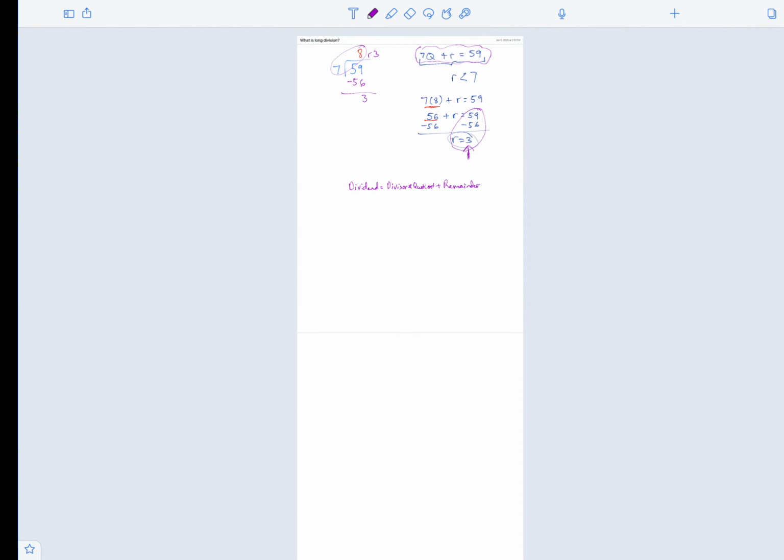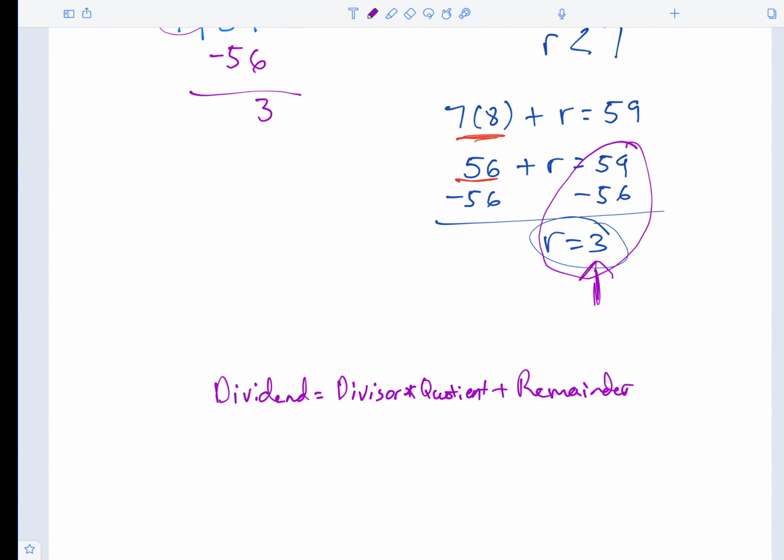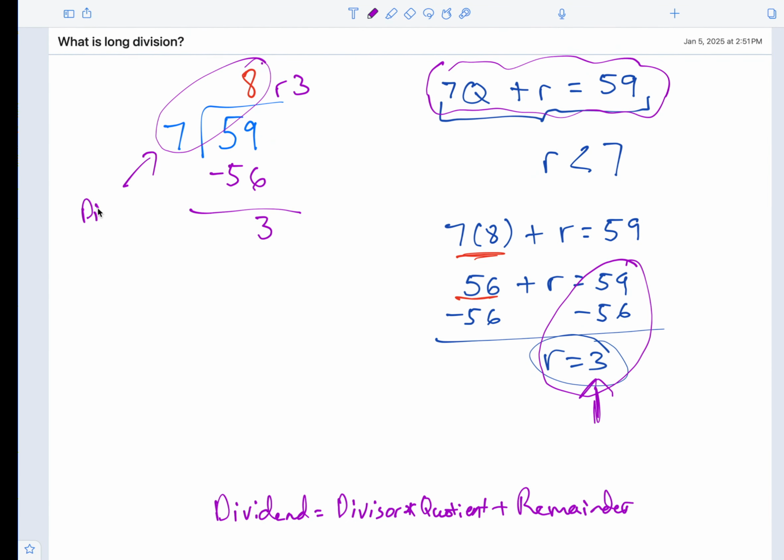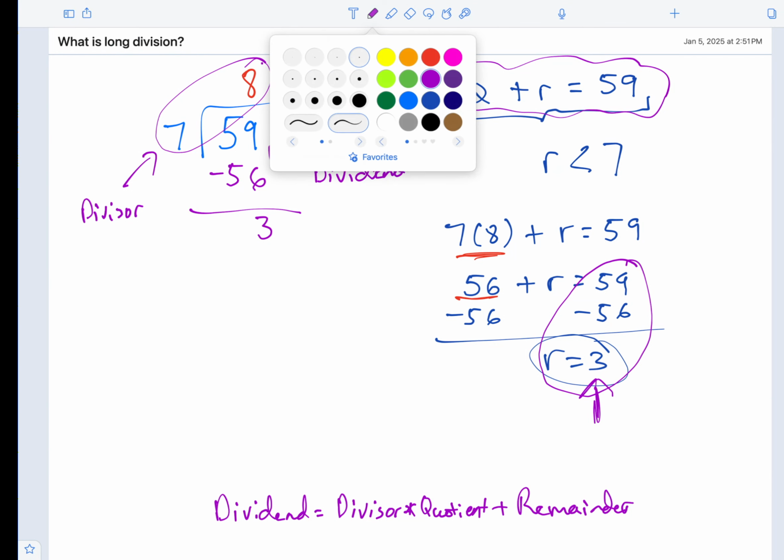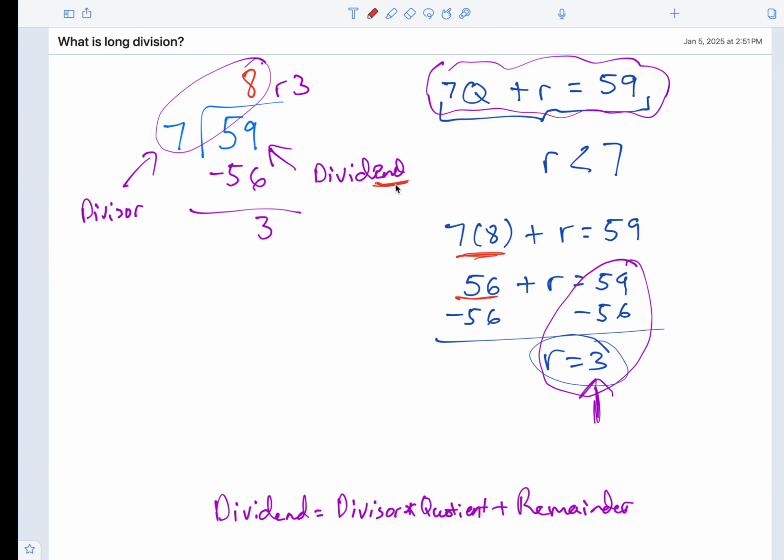In other words, the number we divide by is called the divisor. The number that's being divided is called the dividend. By the way, an easy way to remember this is, if you read it left to right, you always end with the dividend, and you're always dividing by the divisor. 8 is called the quotient, and with what we have left over, that's called the remainder. So isn't that what we did? The divisor times the quotient plus the remainder is going to give me the dividend.